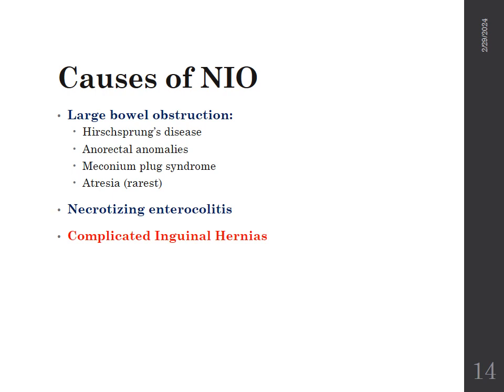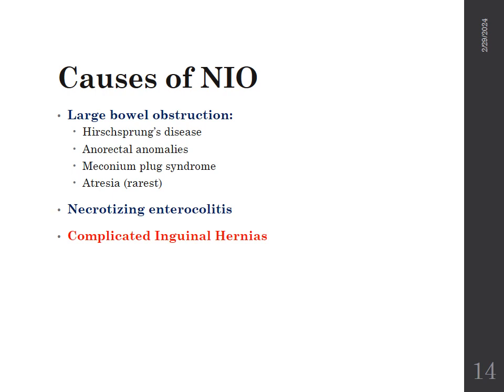Imperforate anus should be diagnosed commonly in the delivery room after the resuscitation, while we're doing a routine neonatal examination. Meconium plug syndrome, or atresia, is the least common. We also have necrotizing enterocolitis, which may be a cause of neonatal intestinal obstruction. And we may have a complicated inguinal hernia, and maybe we put this in red just to alert the neonatologist, because it's very commonly missed.